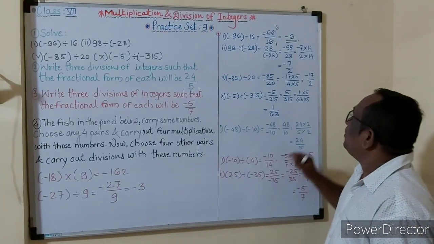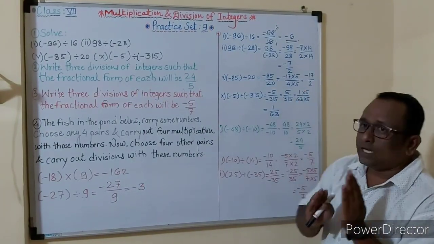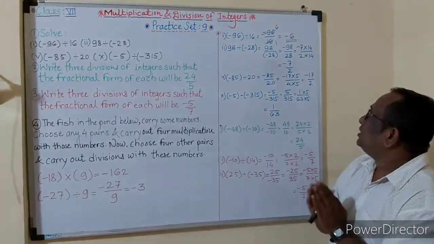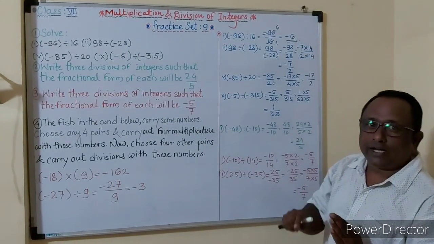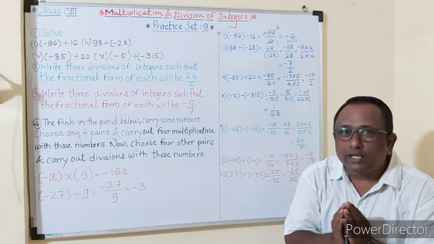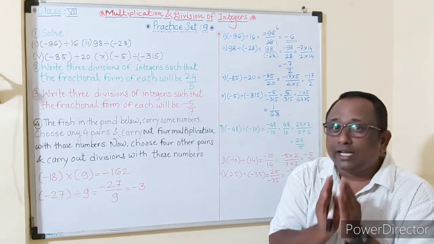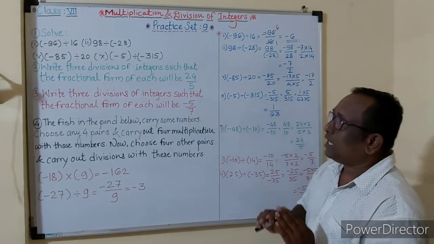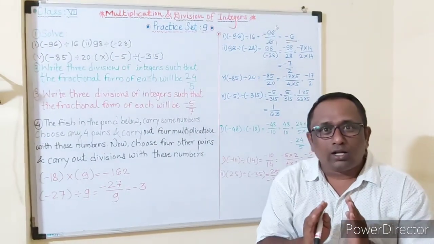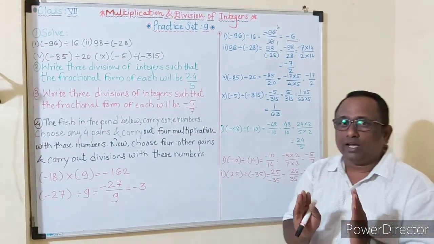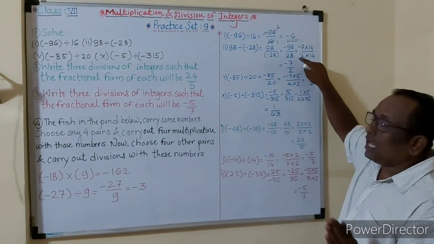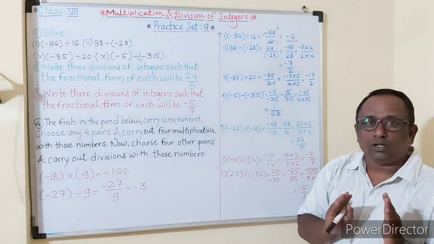Here what we have to do is choose a number that divides 98 as well as 28. In short, we have to choose a table that has 98 as well as 28.